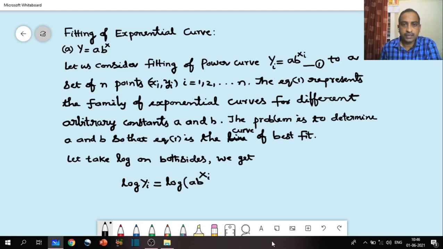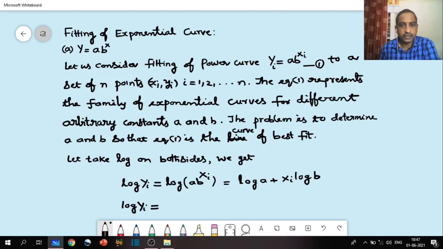If you simplify, this is nothing but log a plus xi into log b. Am I correct? So ultimately, log yi equals log a plus log b times xi, right? So this is the coefficient of xi.